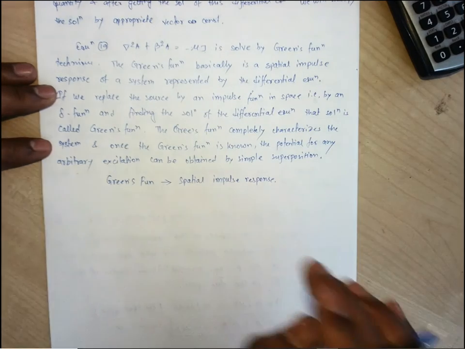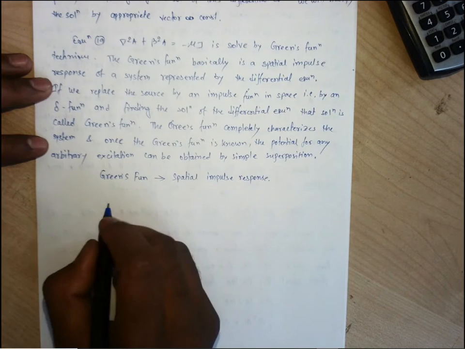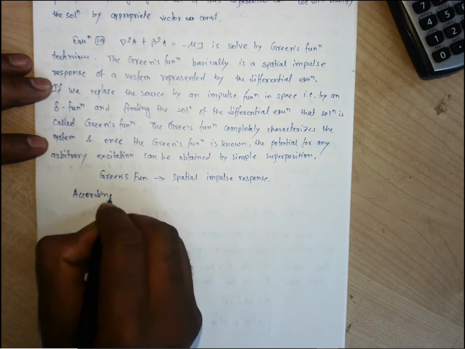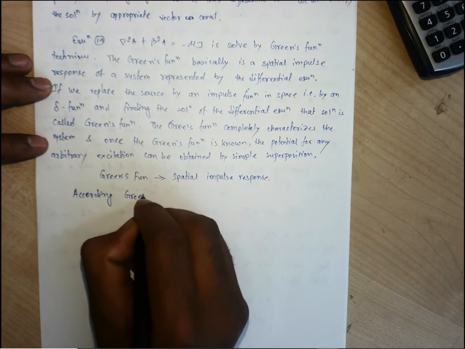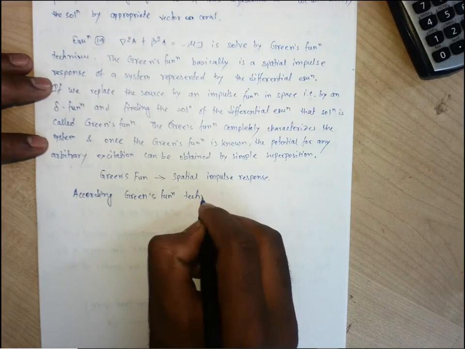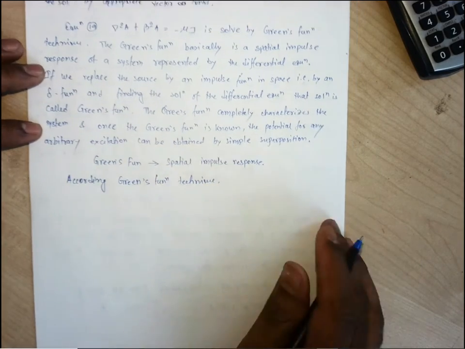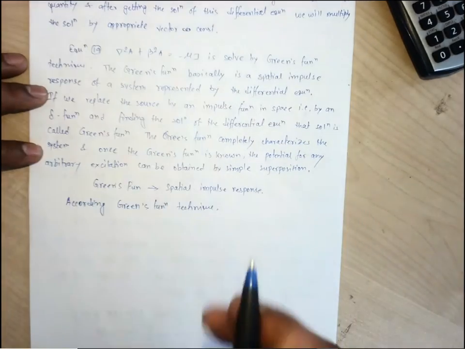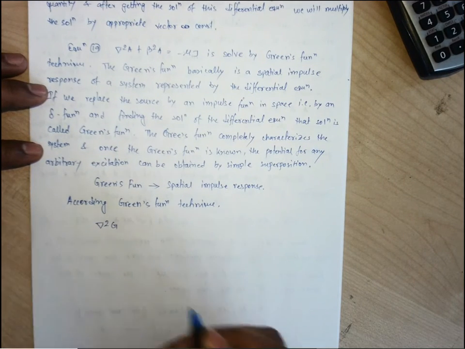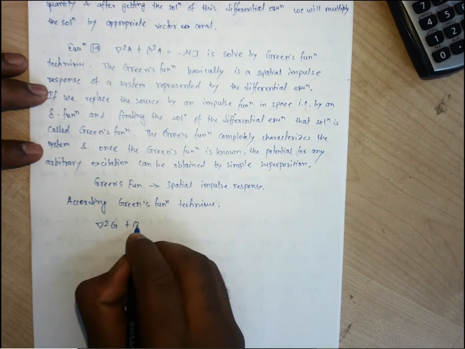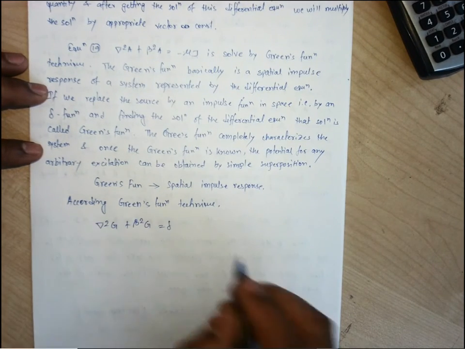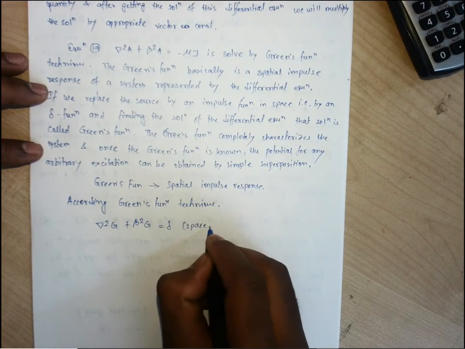So according to this Green's function technique, what can we write? This equation 19 will become del square G plus beta square G is equals to delta in space.